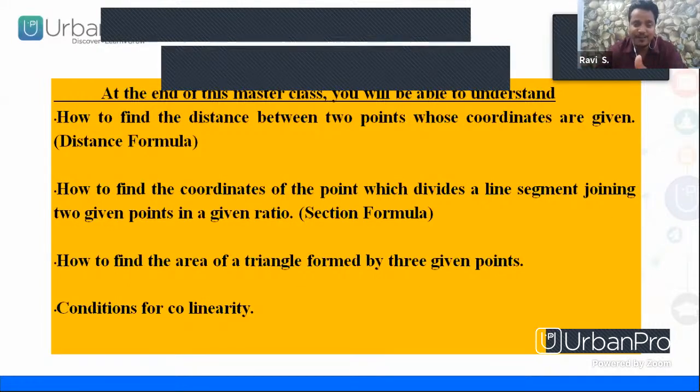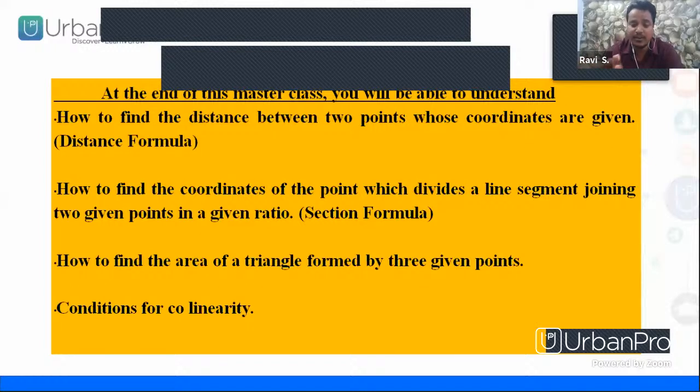You will learn how to find the distance between 2 points. Suppose there are 2 points A and B, and you need to find the distance between them. You will use the formula called the distance formula. Then we will learn how to find the coordinates of the point which divides a line segment.